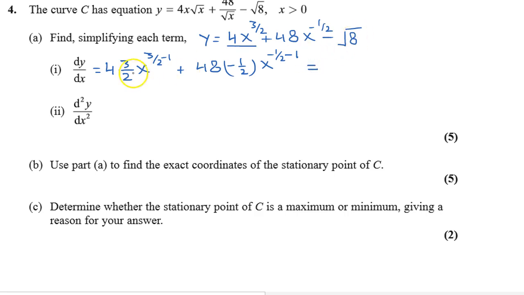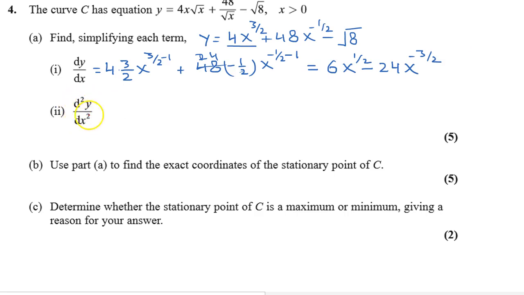So that is equal to, this cancels by 2, 2 times 3 is 6, x to the power 3 over 2 minus 1 is half. This is 2, we can cancel it by 24, plus minus is minus 24, x to the power minus half minus 1 is minus 3 over 2.